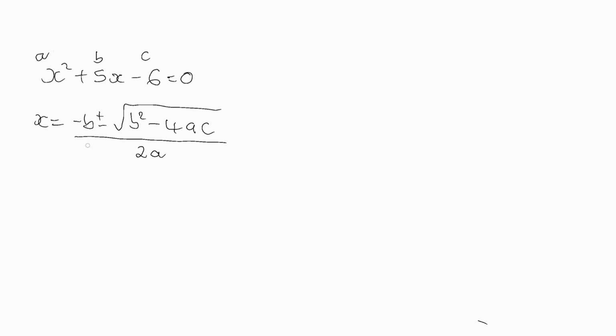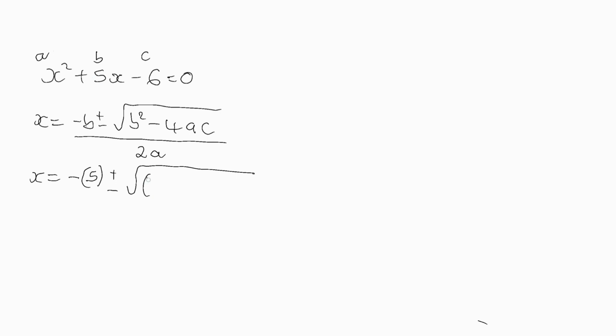Now let us substitute into the quadratic formula. So x is equal to minus b. B is equal to 5, a positive 5, plus or minus. Just make sure you keep the plus or minus because this means you get two values of x. Then let's proceed. The square root of b squared.